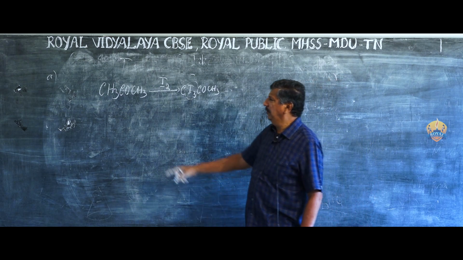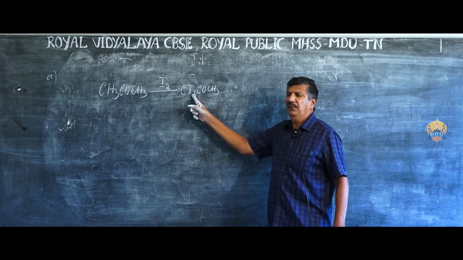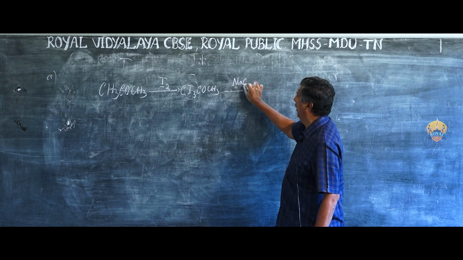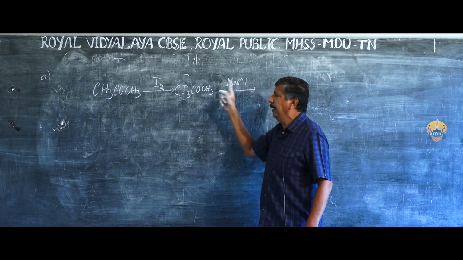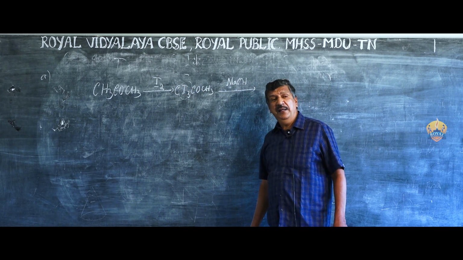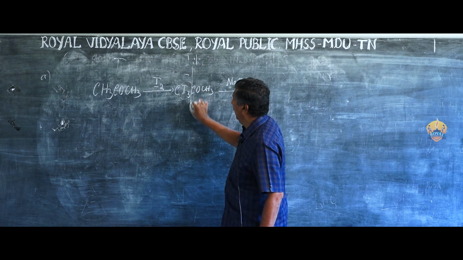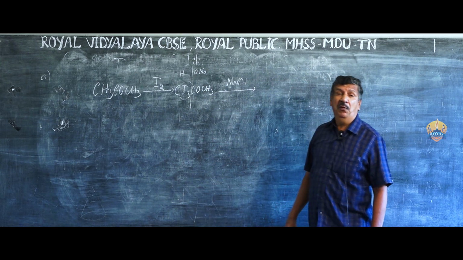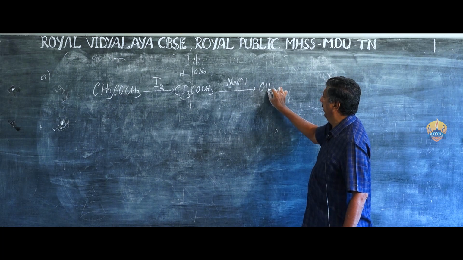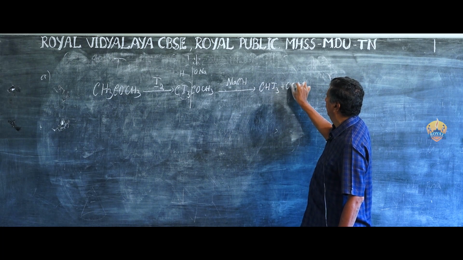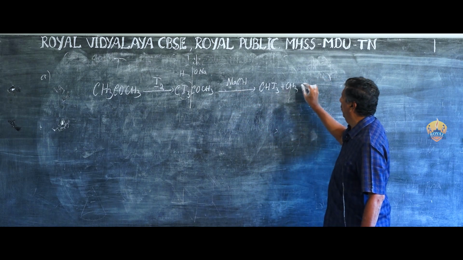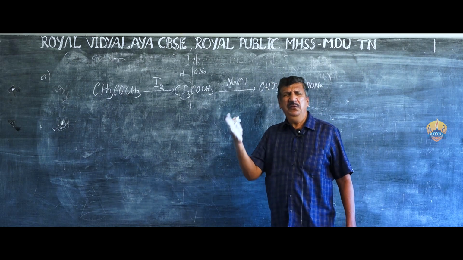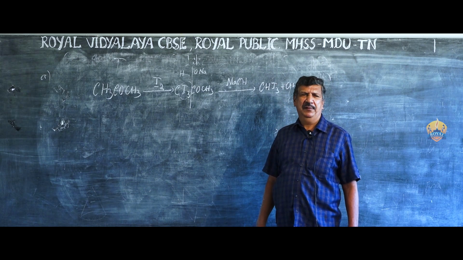All the 3 H will be converted into 3 I. Then you treat with an alkali, because I already told you, iodine and alkali. This alkali will break the compound like this, so that you get iodoform plus CH3COONa. See, this is how the iodoform reaction takes place.